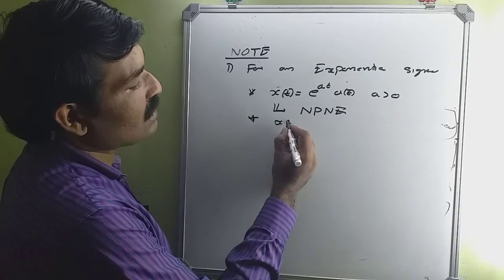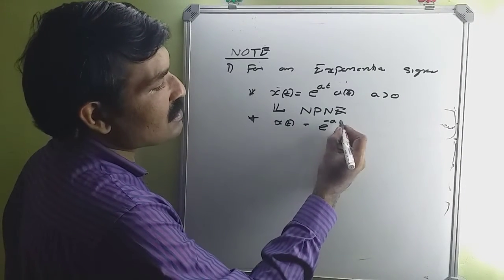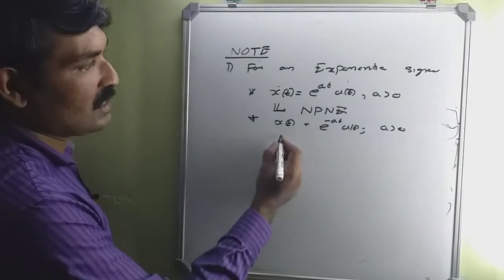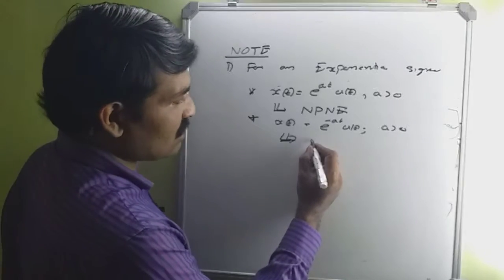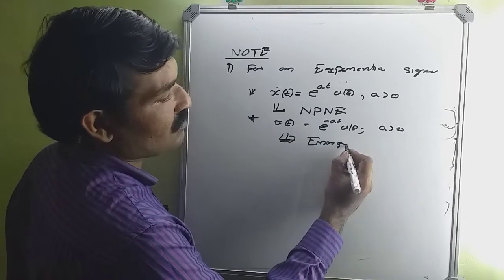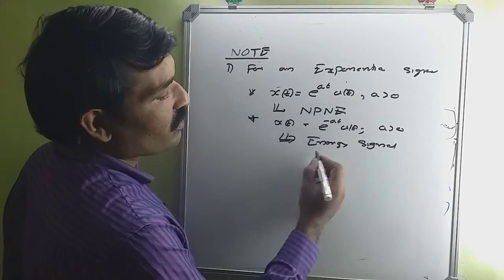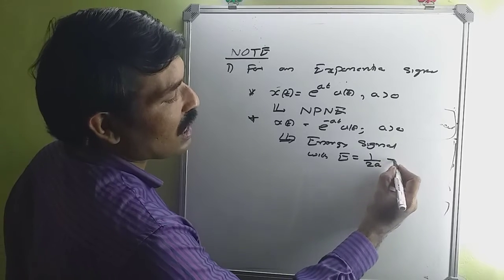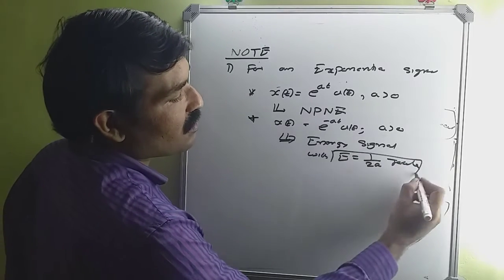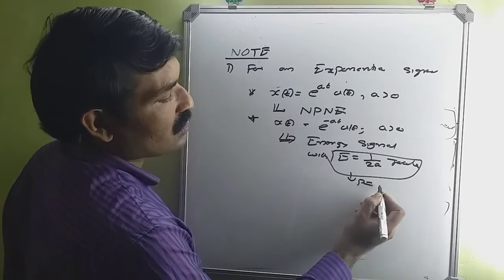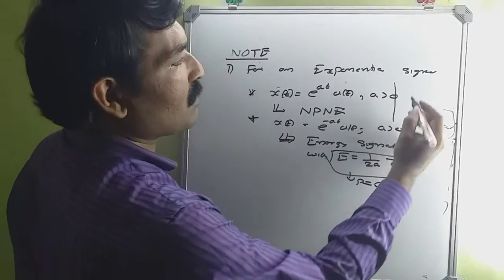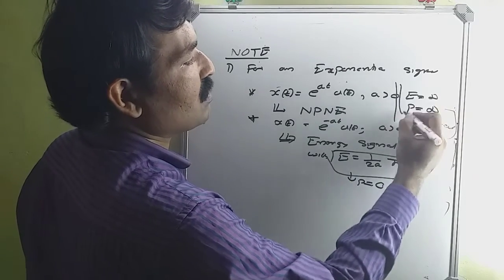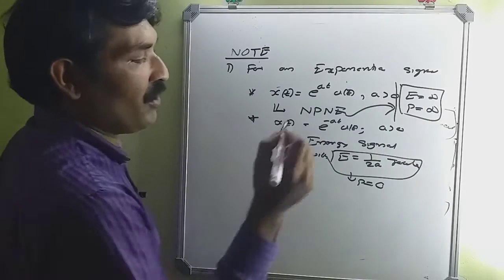If x of t is equal to e raised to minus at u of t, where a is greater than 0, this implies the signal is an energy signal, with energy equal to 1 by 2a joule and power equal to 0. Here for an NPNE signal, energy is equal to infinity and power is equal to infinity.